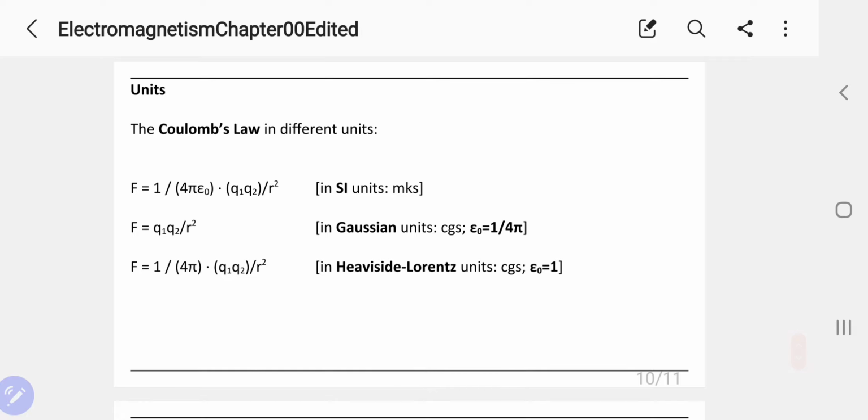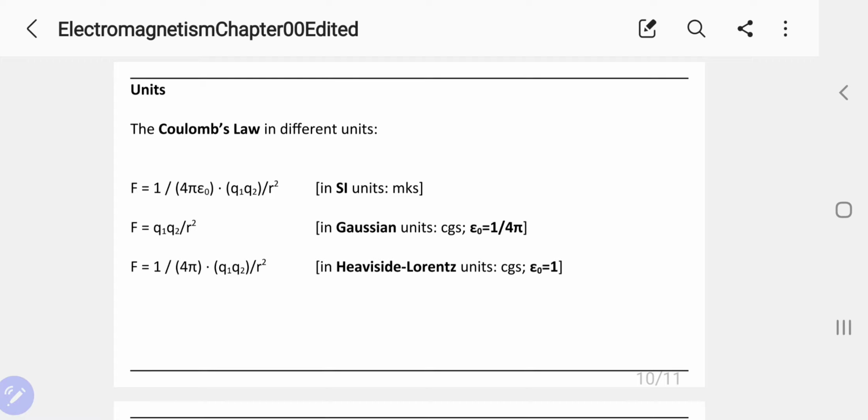So here are the units. If you read different books, one book may use SI units, another book may use Gaussian units, or Heaviside-Lorentz units. For SI units, Coulomb's law gives the force equal to 1 over 4 pi epsilon naught times the product of the two charges divided by the distance squared between them. That's for SI units.